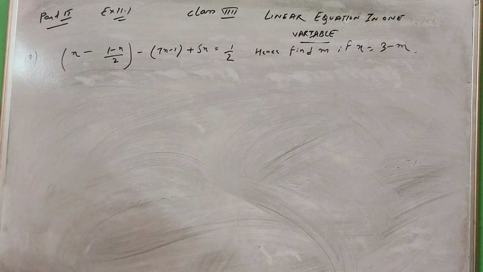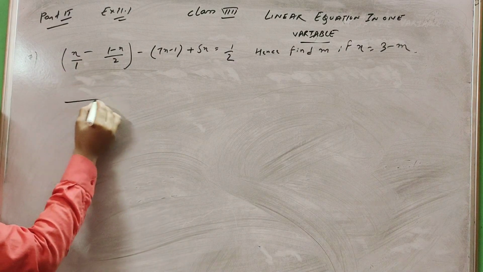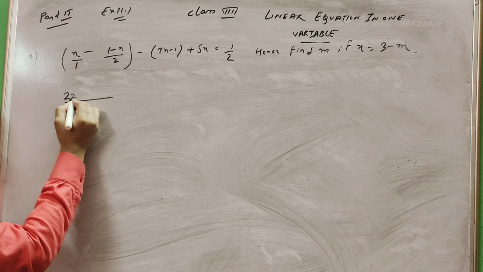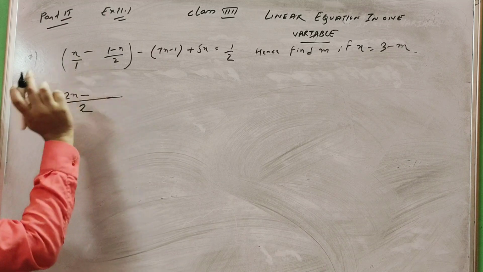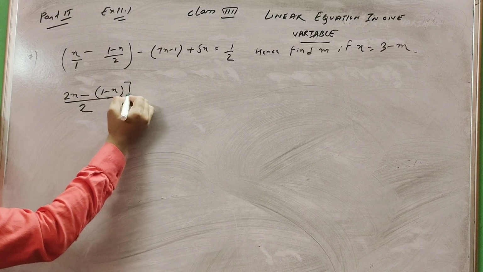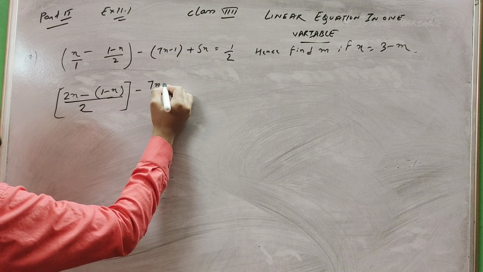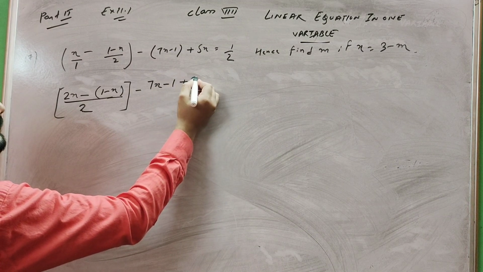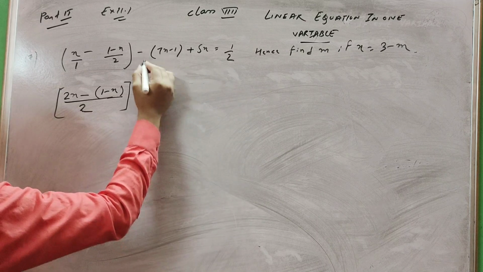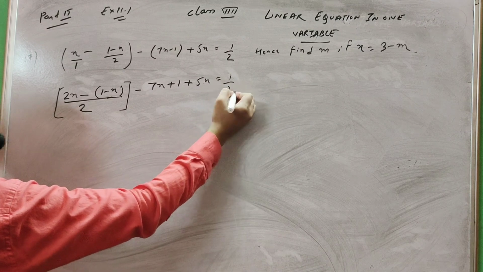Okay, so first of all we find the value of x. This divided by this, that is 2 into x, 2x, minus 1 multiply (1 minus x) is 1 minus x, minus 7x minus minus plus 1 plus 5x equals 1 by 2.